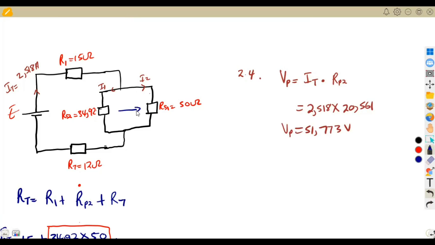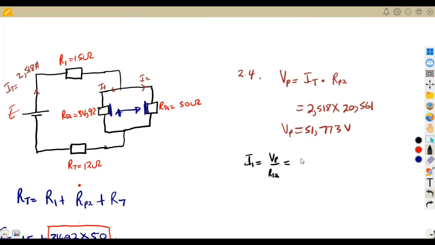And we know that across the parallel combination, the voltages are the same. So this voltage is the one across this resistor, and this same voltage is the one across this resistor. So we can now calculate these currents. Current 1 is going to be VP over RS2, you divide by the resistor that is given.